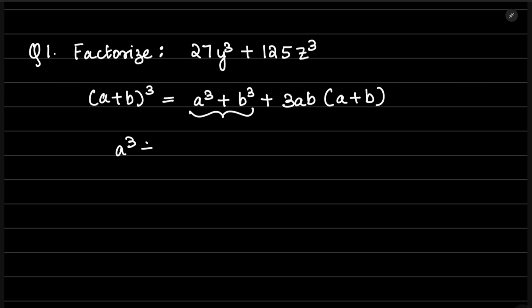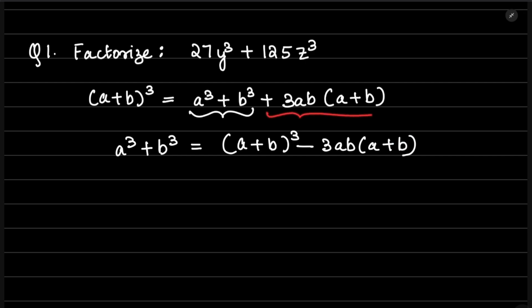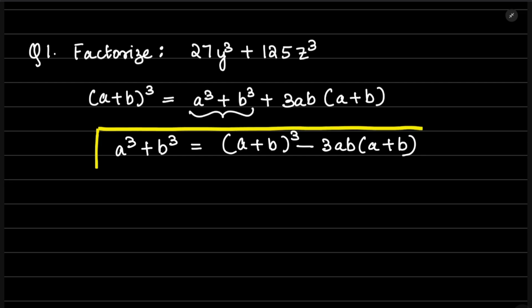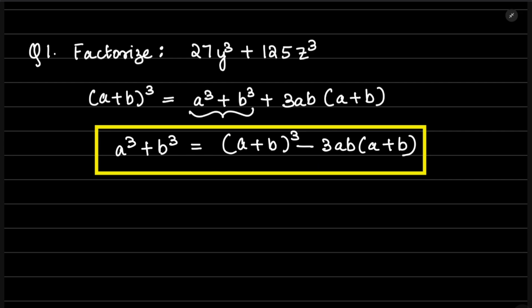It's a plus b the whole cube minus 3ab into a plus b, because this term will go to the other side, so plus will become minus and the rest of the terms will remain the same. This is one important thing to note: the a cube plus b cube formula is a derived identity from the previous one.